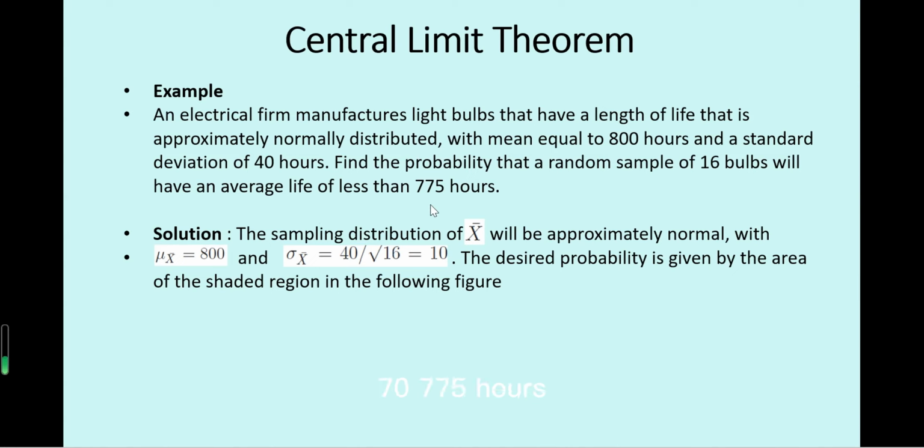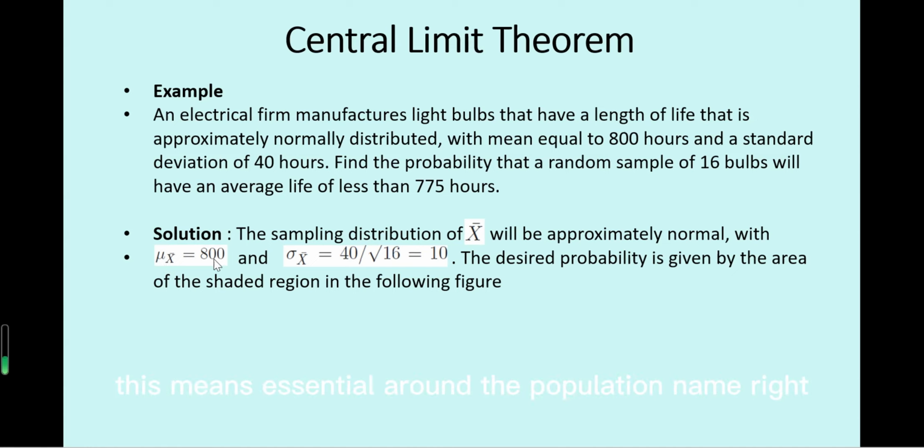775 hours. The solution: here the population is normal and the sample size is moderate, with 16, not over 30, but not very low. So the sampling distribution of x bar will be approximately normal, with the mean of x bar equal to the population mean.